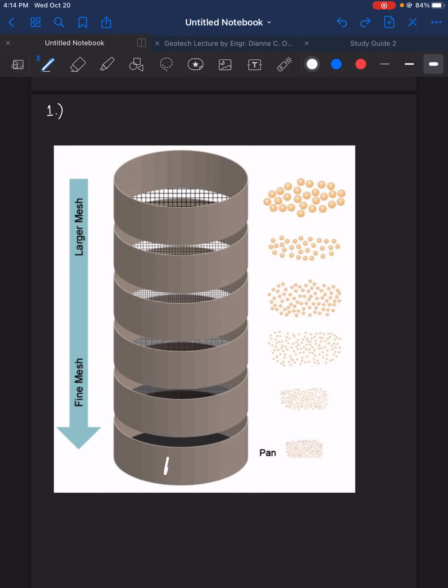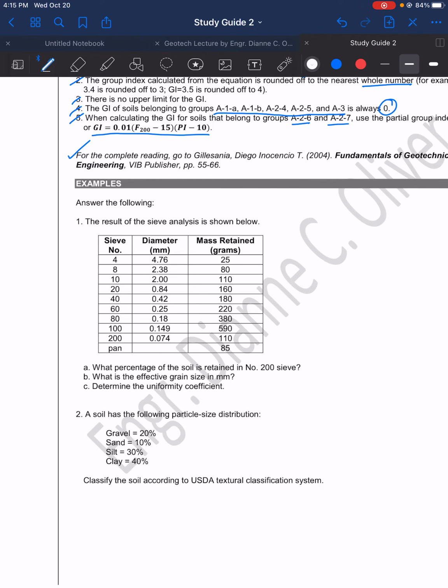The bigger number here signifies the number of wires or the mesh in the sieve.